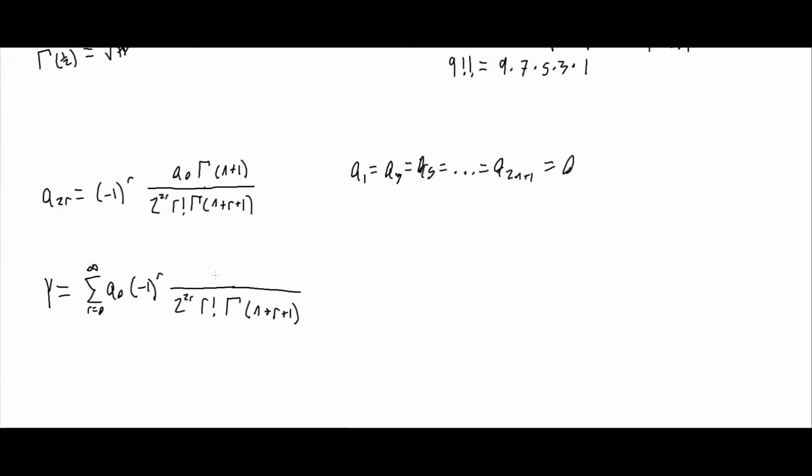And up here we have the gamma function, because I just brought this a naught down in front here, of n plus 1. And then we have our exponents here. So this is 2r plus n.